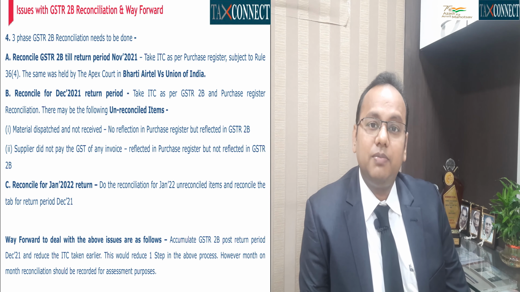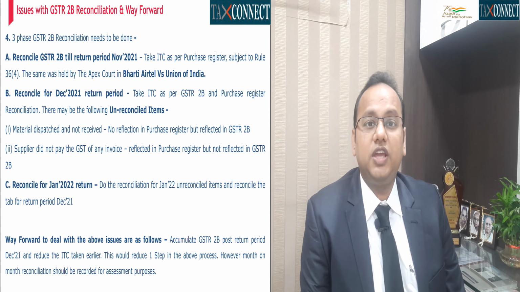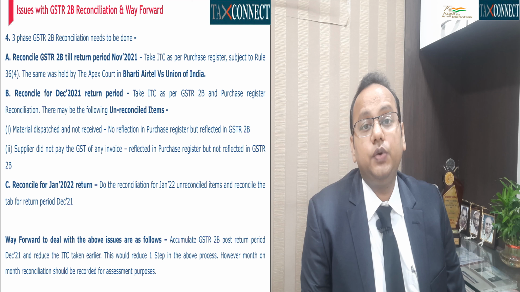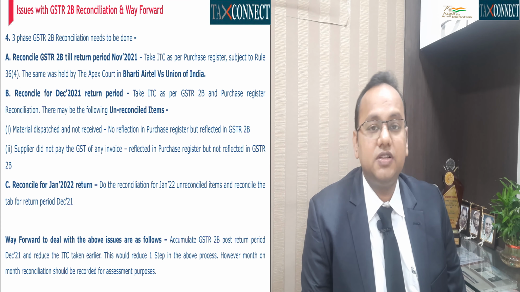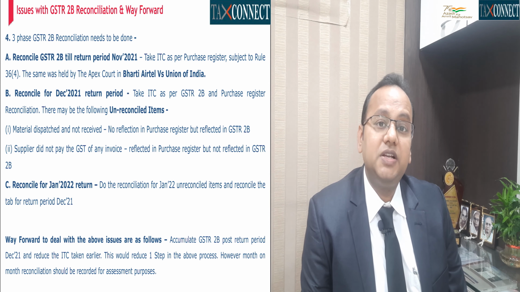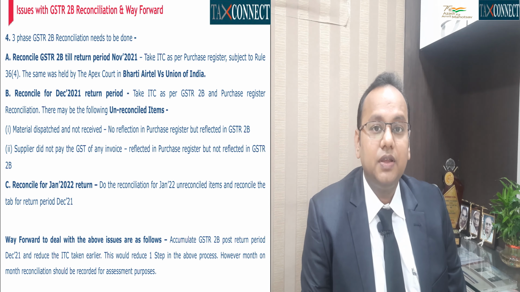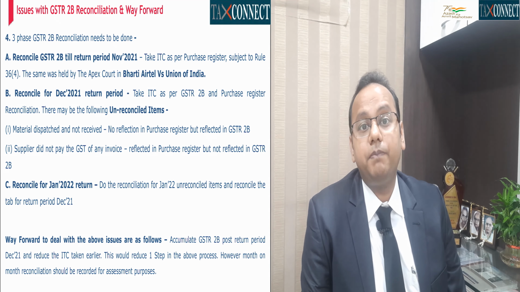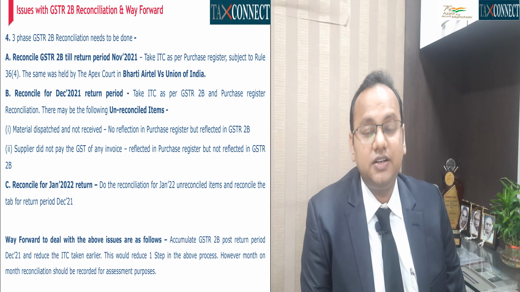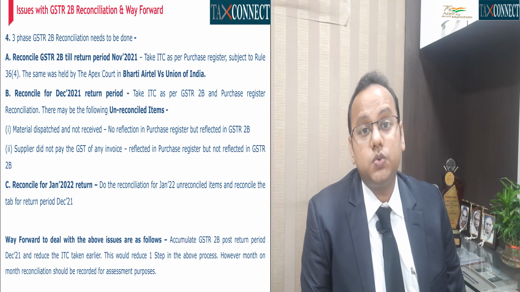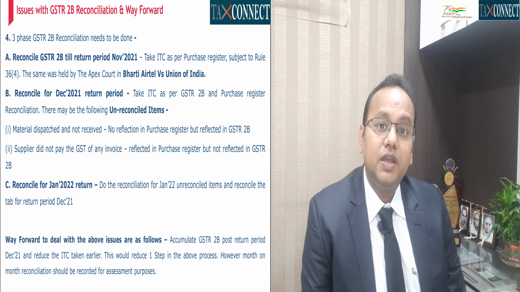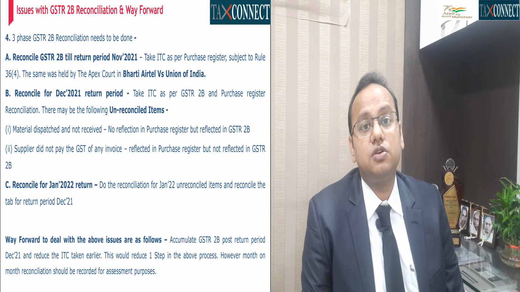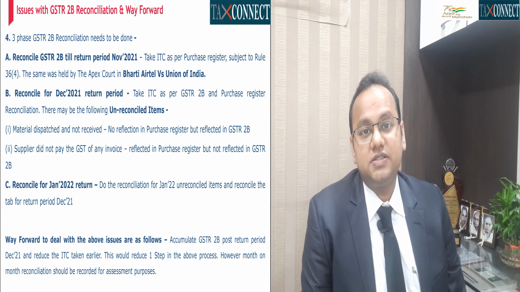Therein you have to do month on month reconciliation and you have to keep a tab. For example, for the return period January 2022, there could be two differences between the purchase register and GSTR 2B: ITC reflecting in your GSTR 2B but not reflecting in your purchase register in case of goods in transit or services for which bills were not received, or ITC reflecting in your purchase register but not reflecting in your 2B because of supplier non-compliance.